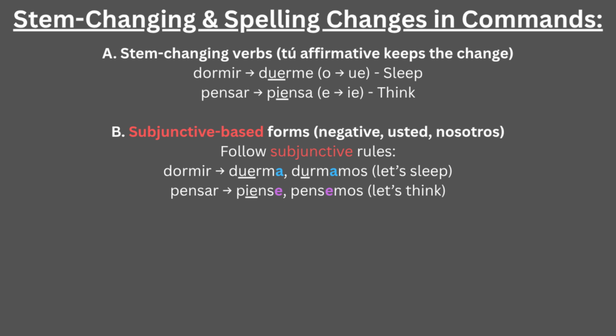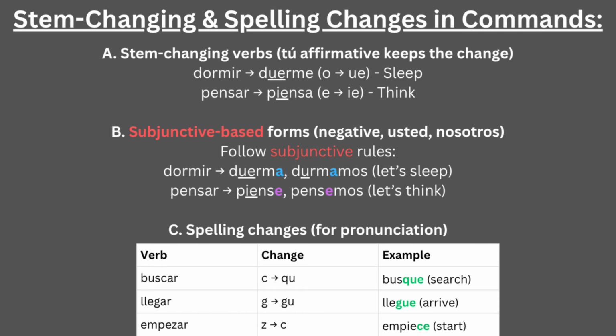Piense, pensemos. Finally, spelling changes also happen in some verbs to maintain the same sound, like in verbs that receive a letter or change one to preserve a consonant sound. Buscar, llegar, empezar. Busque, llegue, empiece.